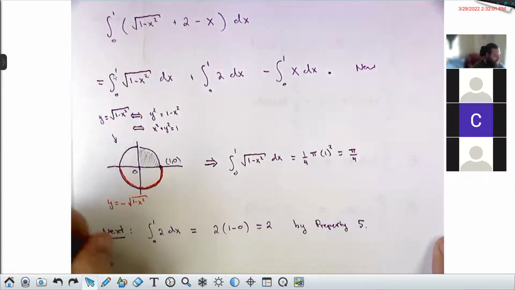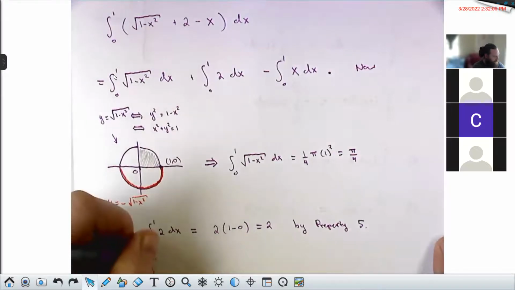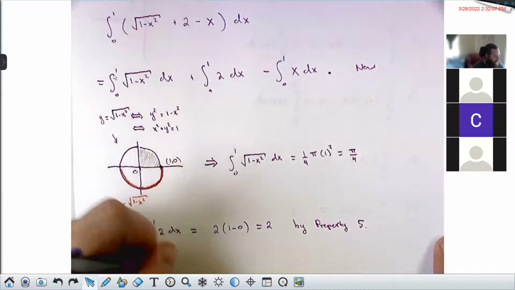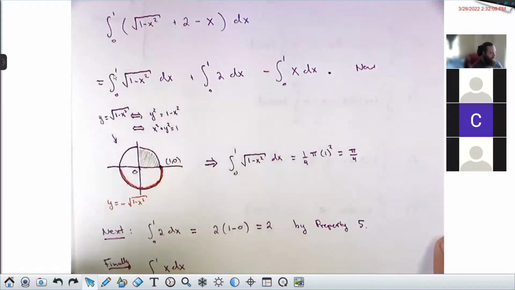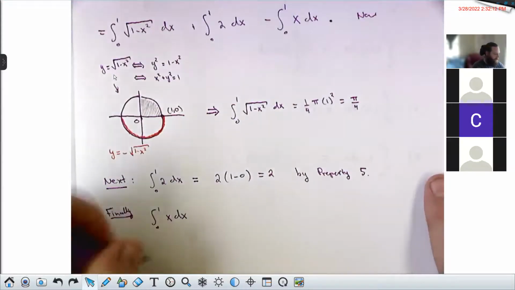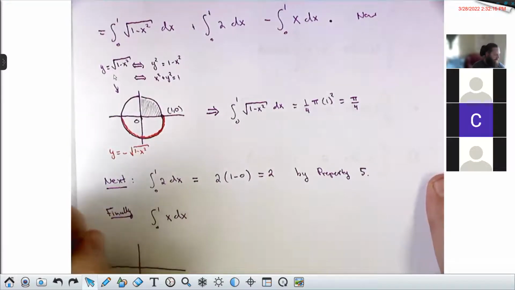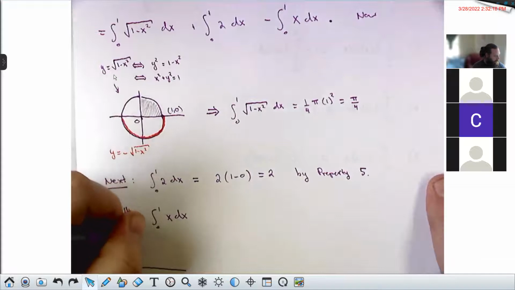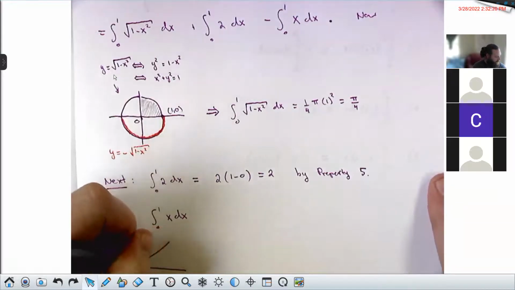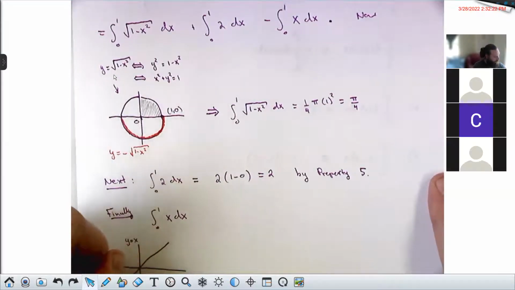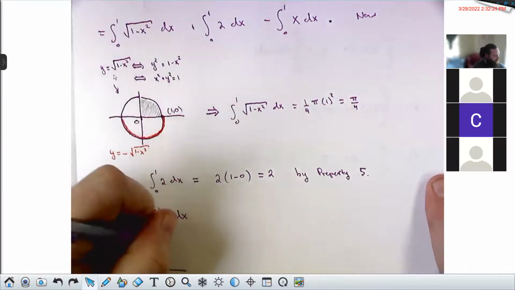Finally, to get the integral from 0 to 1 of x dx, I'll think again about the graph. y equals x, we know it's just this line with slope 1 going through the origin.